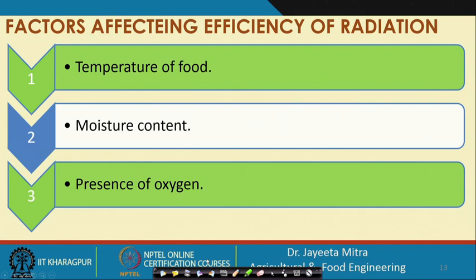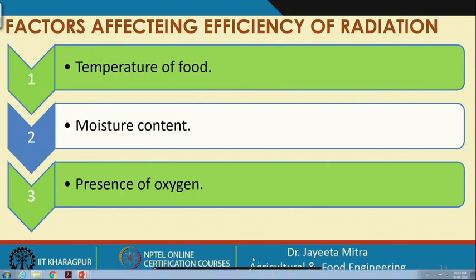Factors affecting the efficiency of radiation. The factors are temperature of food, moisture content and presence of oxygen. Temperature of the food has some effect, because along with the ionizing effect, if the temperature of the food also varies, that will cause some additional destruction.